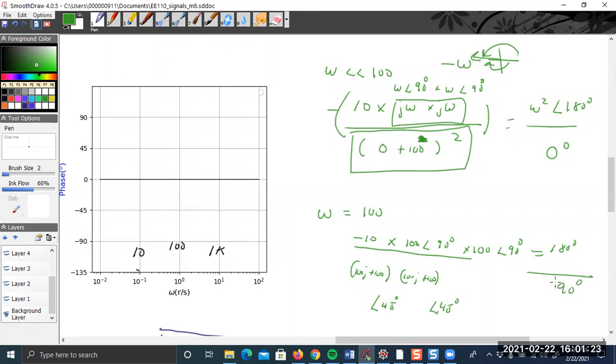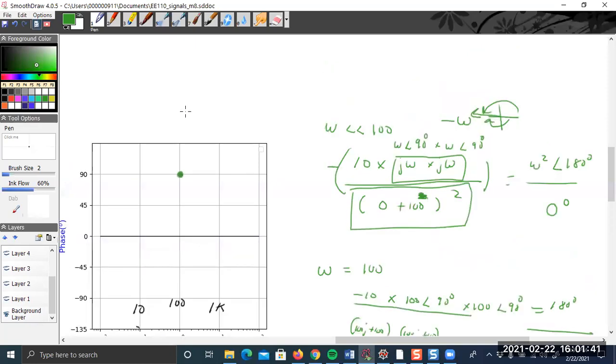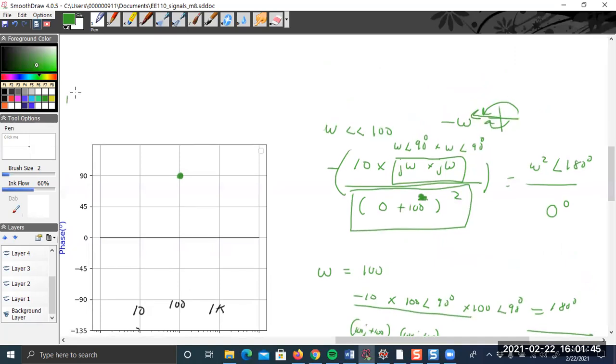Right. And now I get 180 minus 90 for 90. So at 100, my phase should be 90. And I'm just going to call this 180.